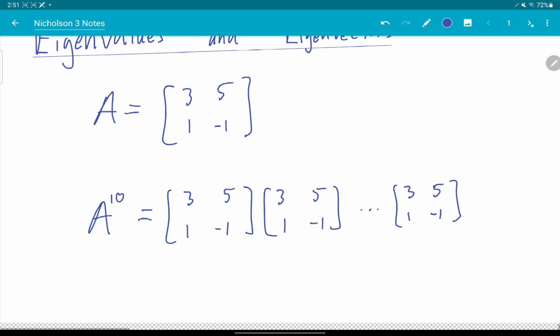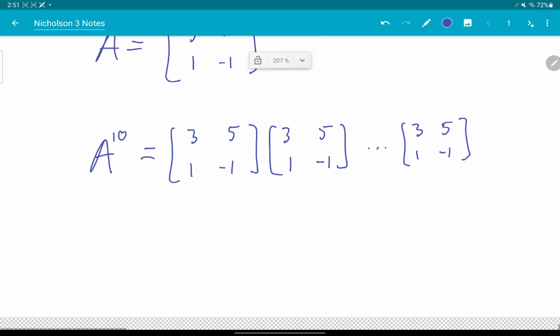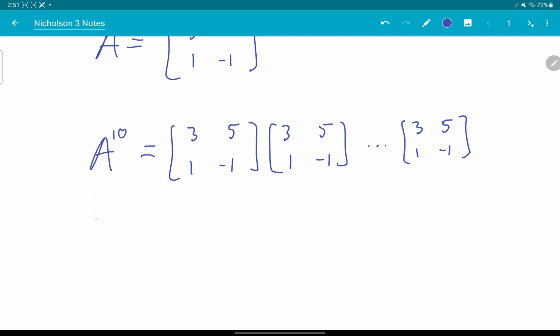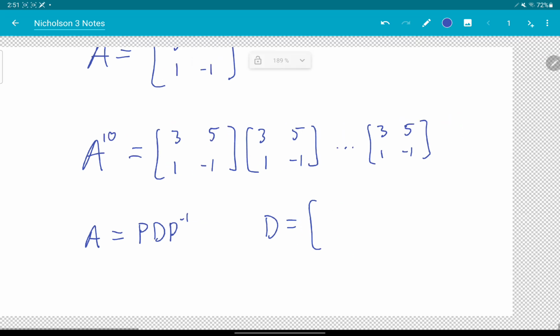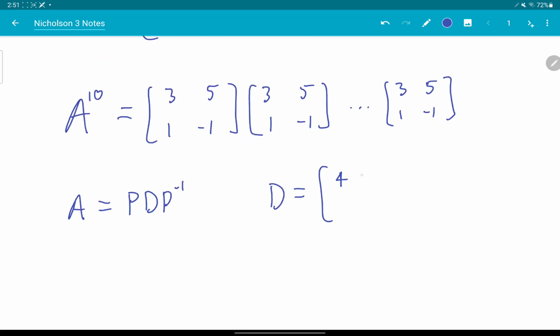But then your buddy's like, "Hey, what if I can take A and write it in a factored form? P, D, P inverse, where D is a diagonal matrix." What about that?